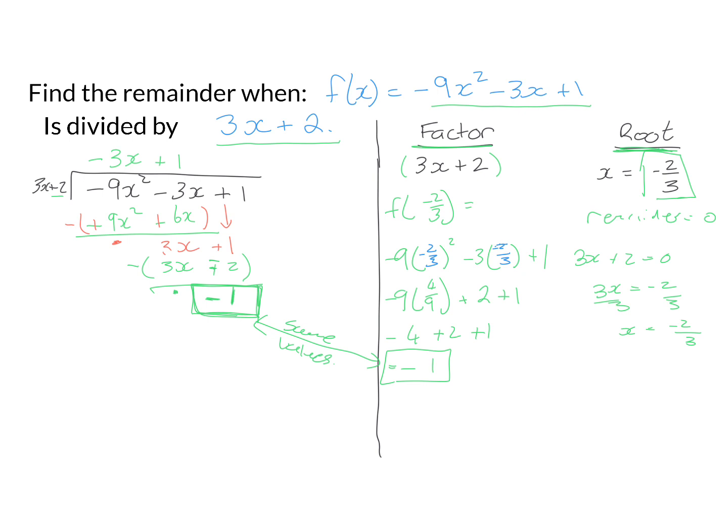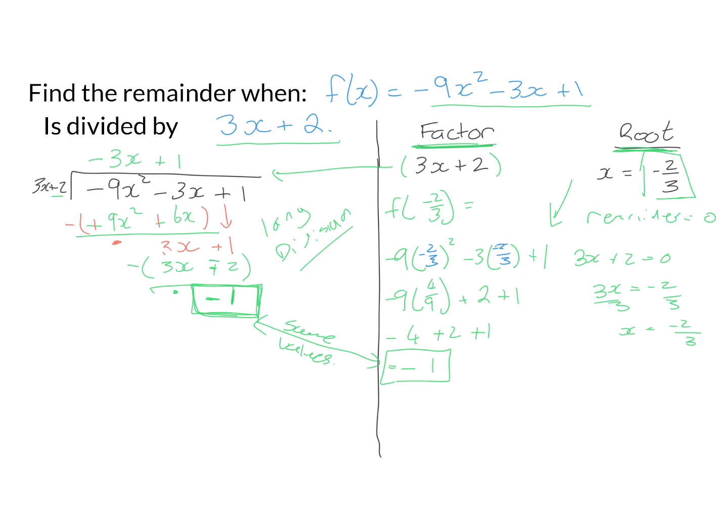All I've done is I've used long division for one. And in this case, I've just substituted the root of that factor. So here's a factor or a divisor, and we've used the factor over there and we've used the root over there, and both of them gave us the same value.